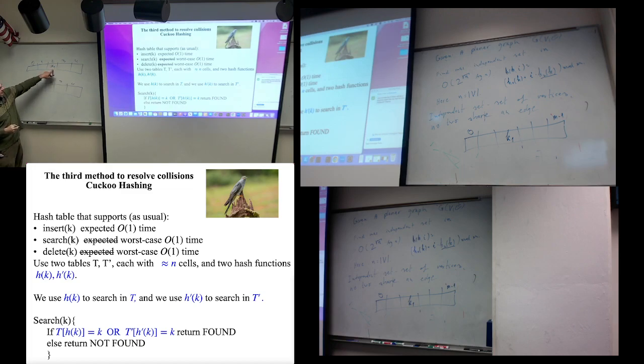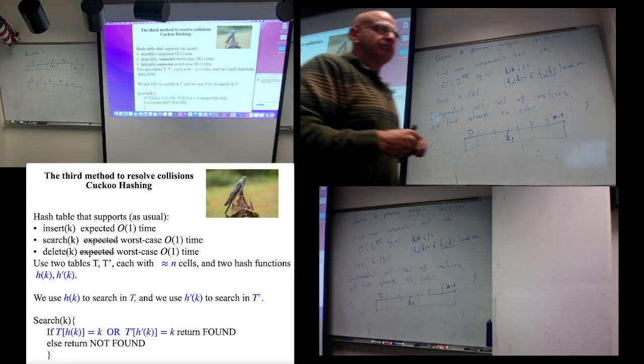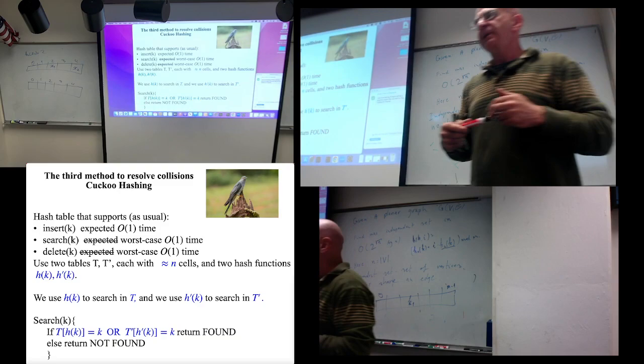Why is this going to this cell? Because h1 of x1 equals 2, so I'm inserting x1 into this cell. And possibly for the very same reason, x2 will be inserted into this cell. So I'm using two tables and two hash functions, one for each. And these hash functions had better be different from each other.